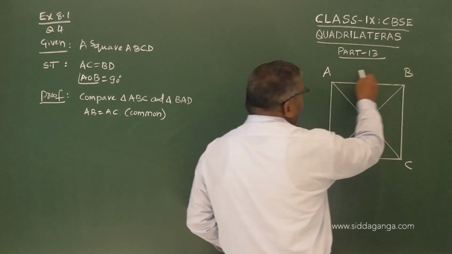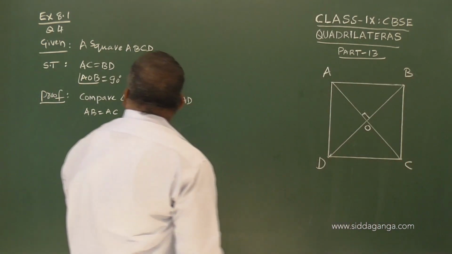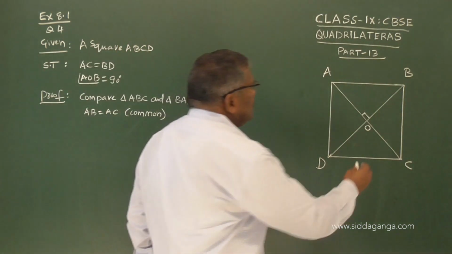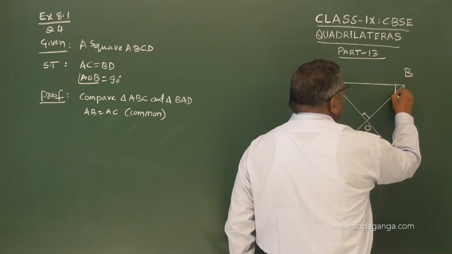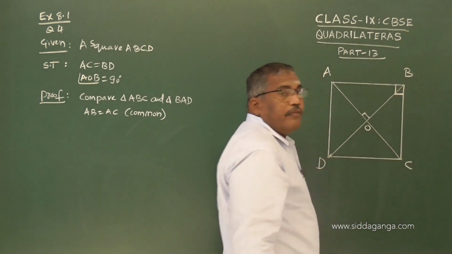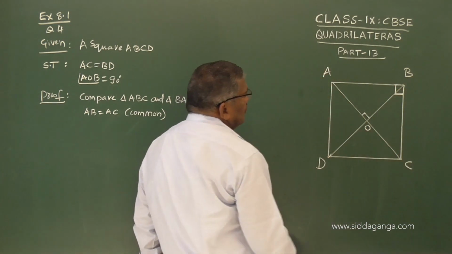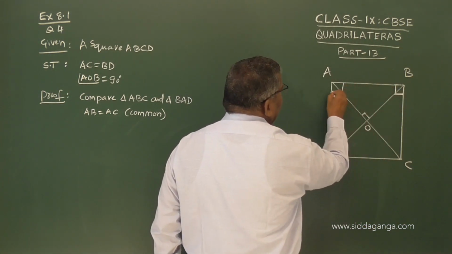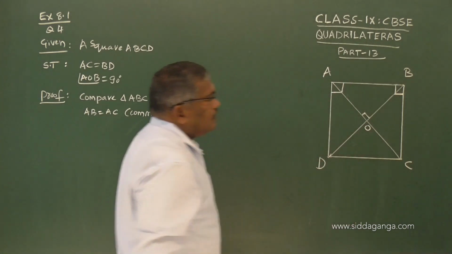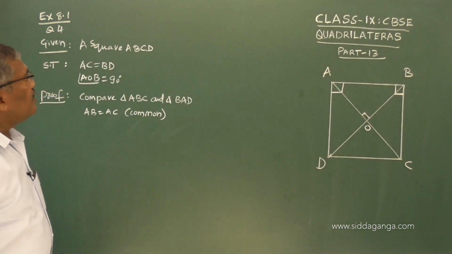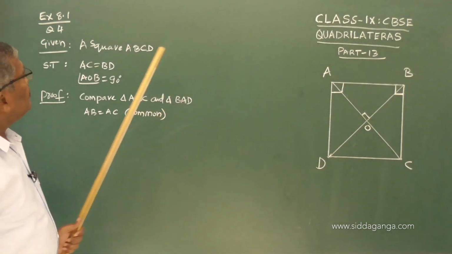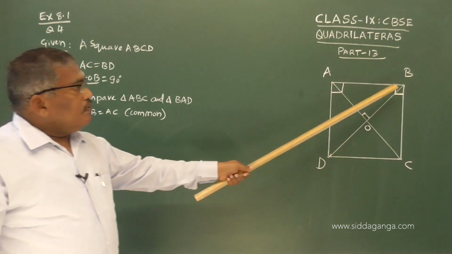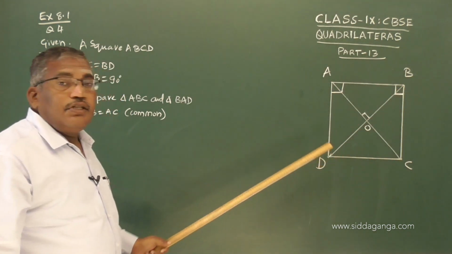See, in the triangle ABC, because a square is given, this angle B in ABC and in BAD the angle A, they are equal to 90 degree because the given diagram is a square. So, therefore, the vertices are 90 degree.